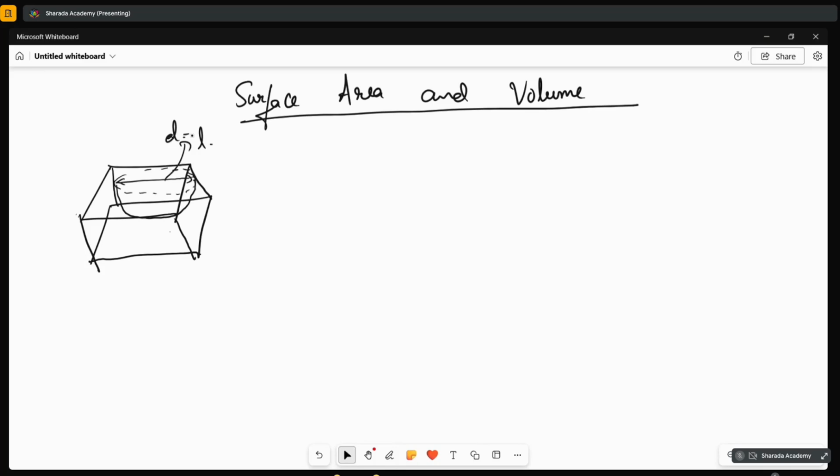Write down what will be the surface area in that. Then I'll come and check afterwards. So we will do here. They will scoop out the remaining portion. They will remove this much portion in the cube. And the diameter of the hemisphere is equal to the side of the cube.